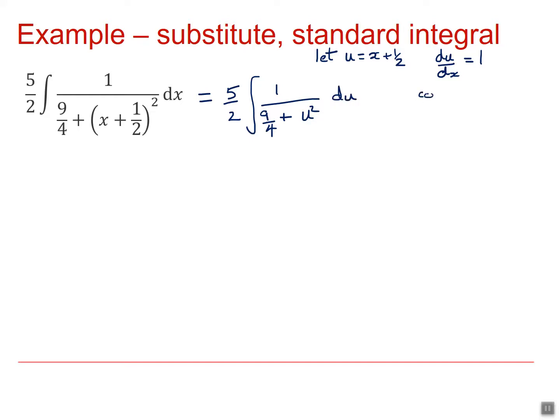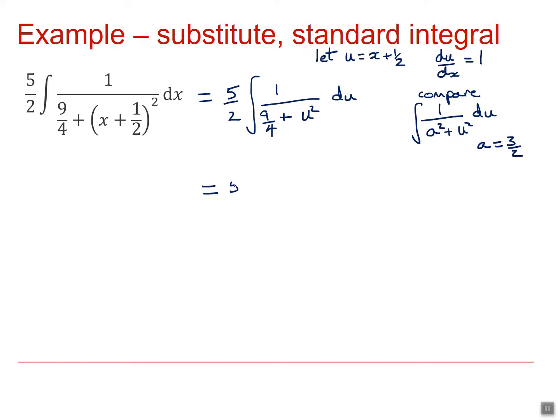Think about the standard form then and compare it with that. Standard form is 1 over a squared plus u squared in this case, because that's what we're using as our variable. And this is identical when a is equal to 3 over 2. So we can quote the result for this integral then.